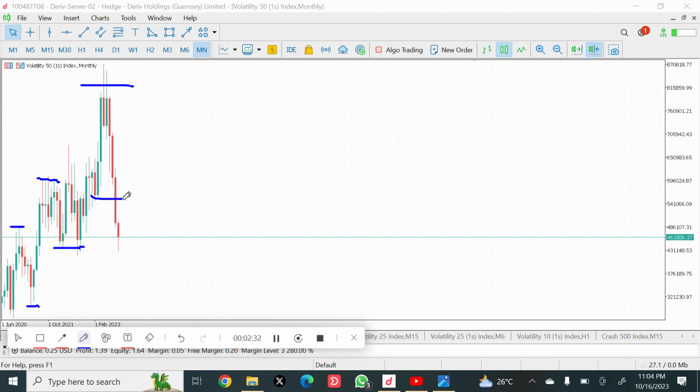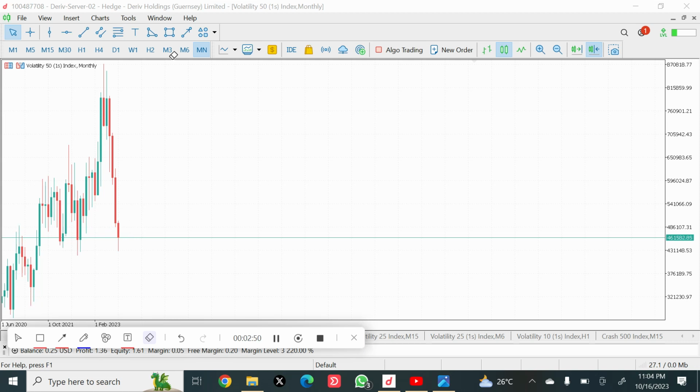Okay, and then this is a higher low that has been broken. This area has been broken. Okay, so we are no longer bullish, but we have switched bearish.